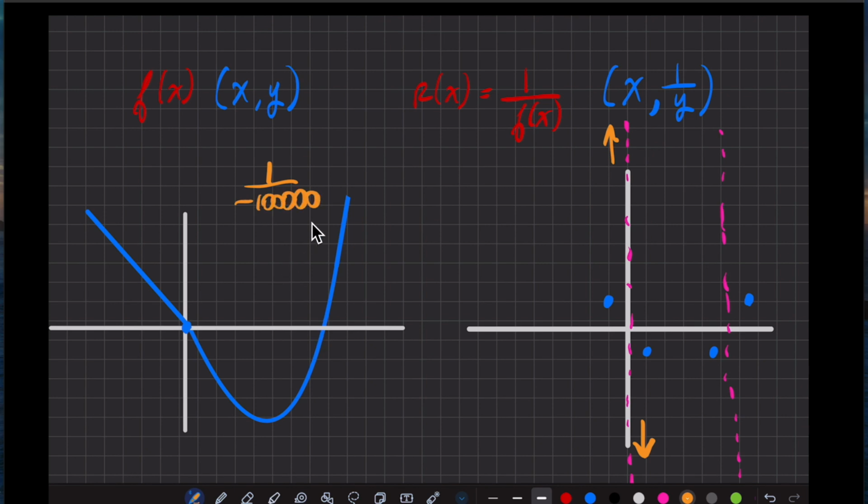Okay, when we flip that to the reciprocal, we're going to get negative a million, and I'm going to call that negative infinity. So as you approach x equals 4 from the left, you're going to be at negative 1 millionth. As you approach that point right there, x equals 4 from the left, we're going to head towards negative a million.